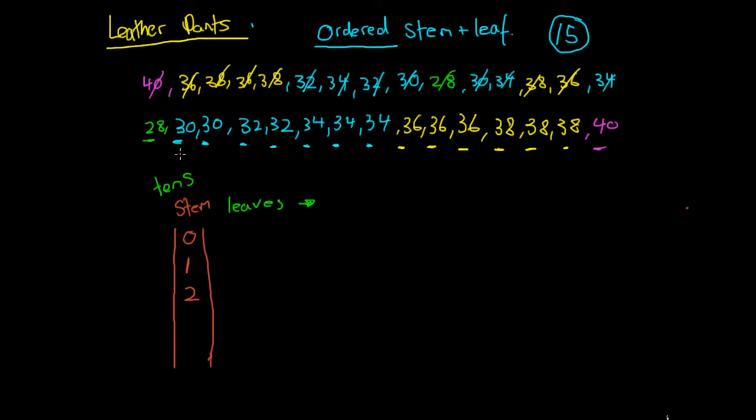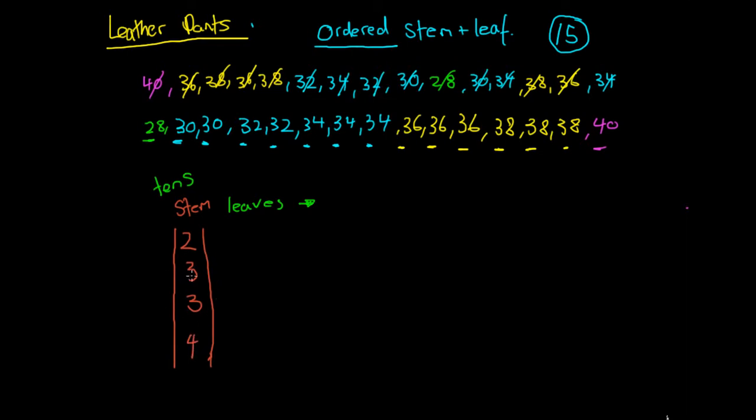But because we only have data which goes from 28 to 40, and most of our data is around there, I'm going to start my plot at this 2 lots of 10. Then my next lot of 10 is the 3, but instead of just having this one 3, I'm going to put a second 3 here, and then we'll go down to 4.